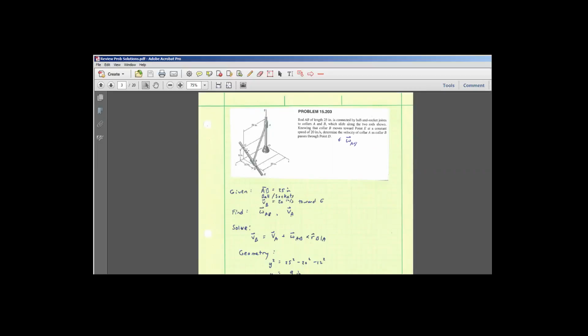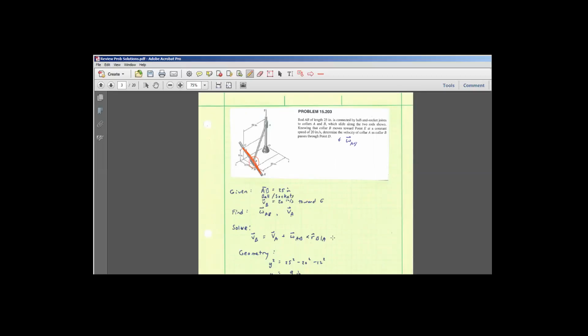We know VA is just constrained in the Y direction. And for VB, that's also constrained, because it's got to go up and down on that slot. So the key is to first make out those key ones.